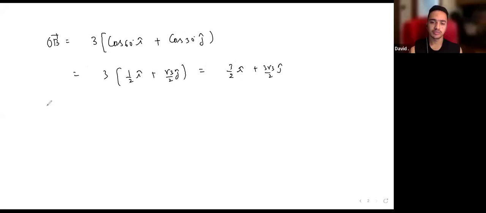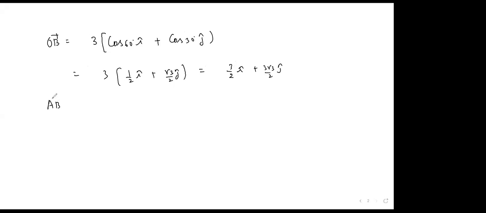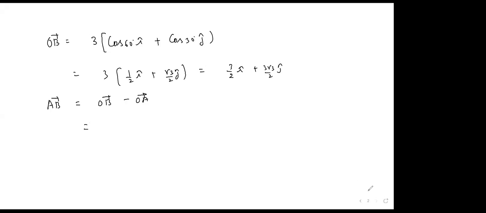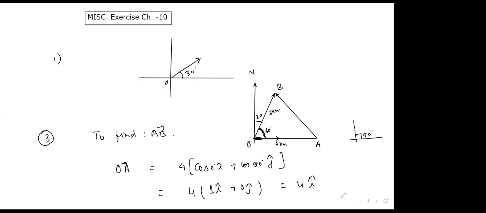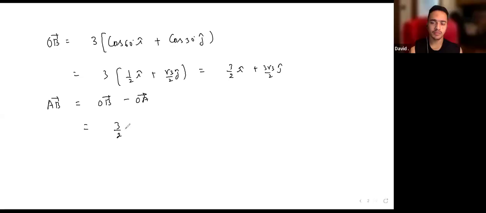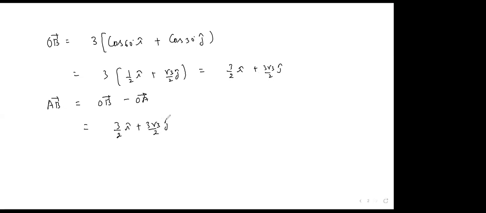Now we need to find the AB vector. That will be OB vector minus OA vector. What is OB vector? OB vector is 3 over 2 i cap plus 3 root 3 by 2 j cap, minus 4 i cap.